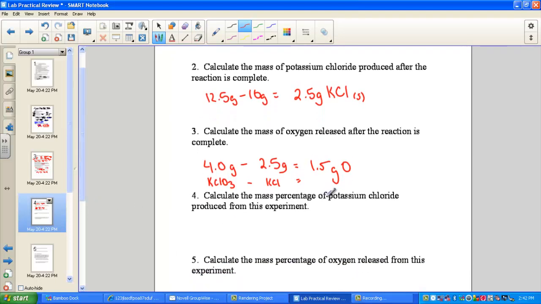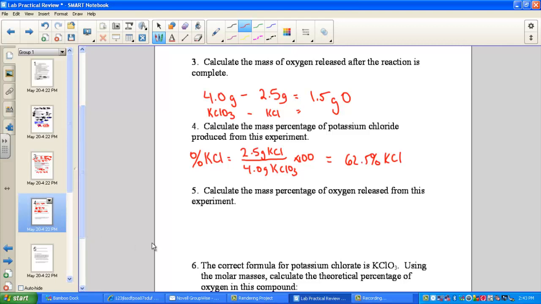Calculate the mass percentage of potassium chloride produced from this experiment. The percentage is its part of the mass over the whole compound. The grams of KCl we determined to be 2.5 grams out of the original reactant, which weighed 4 grams. Express that as a percent, and what do we find? 62.5% by mass is that solid residue in the tube of potassium chloride.